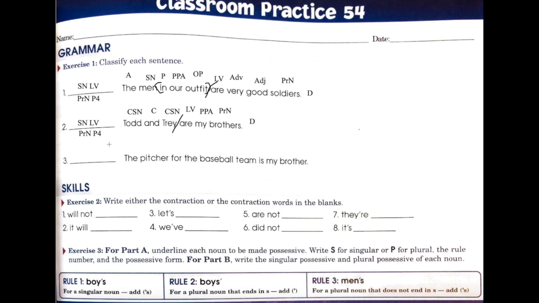Number 3, the pitcher for the baseball team is my brother. Who is my brother? Pitcher, subject noun. What is being said about pitcher? Pitcher is, verb. Oops. Oh, sorry. I skipped a part. Pitcher is who? Brother. Does brother mean the same as pitcher? Are they referring to the same person?